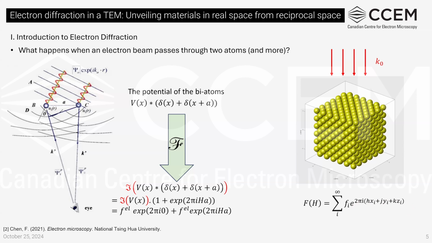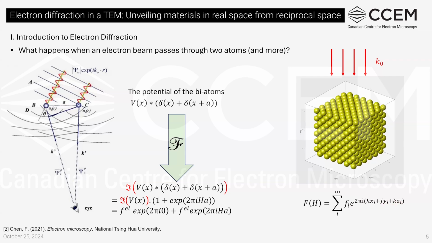So here, xi, yi, zi are the coordinates of each atom inside this material, or we can say the coordinates of atoms in our real space. The hkl is the coordinates in reciprocal space.